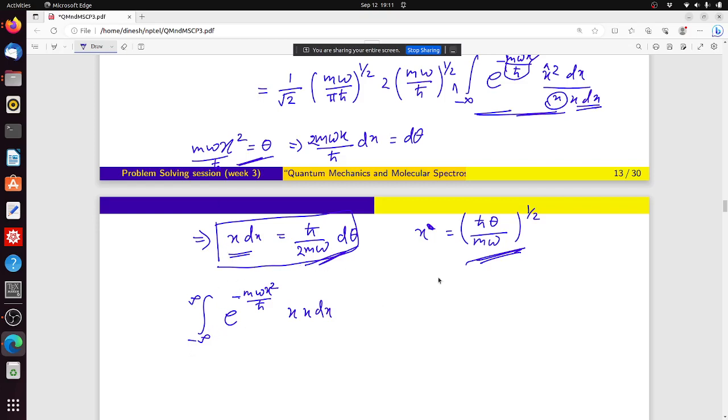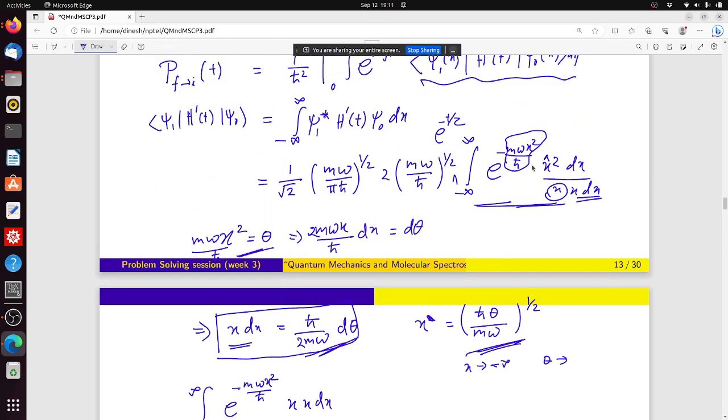When x goes to minus infinity, what will be the theta value? Okay, it will be complicated. Let's focus here. You have an x square here and x square here, so it's an even function, right? So I can do one thing.